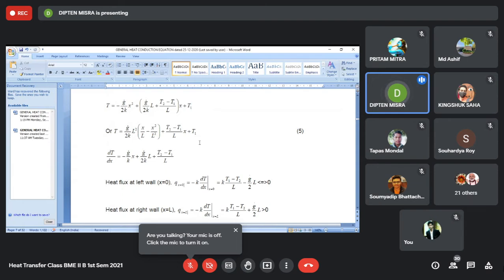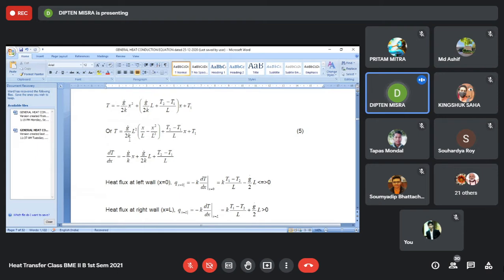But because it is not a case where T depends only on x, we cannot plot a graph of T versus x, because the value of T also depends on g dot, L, k, all these parameters. Then what is the way out?